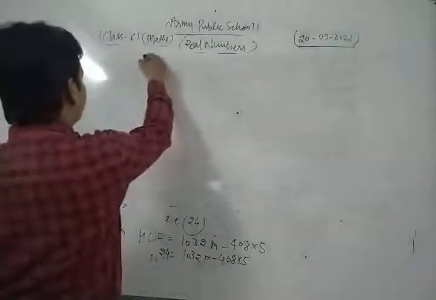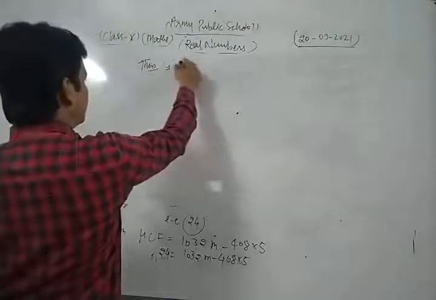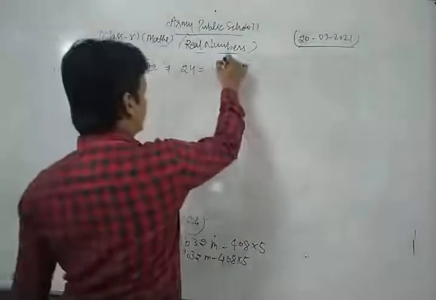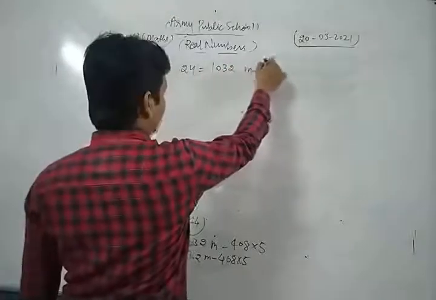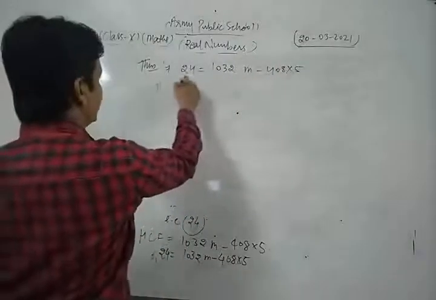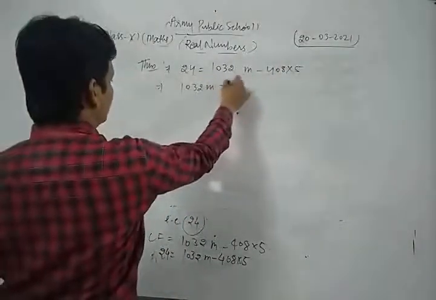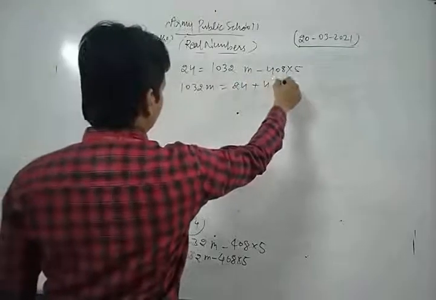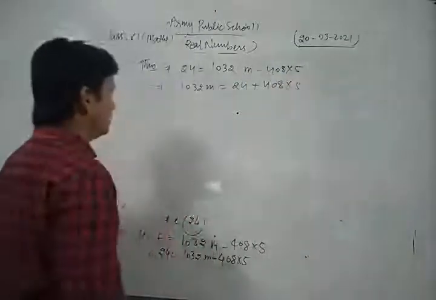Thus, 24 is equal to 1032 m minus 408 into 5. Now 1032 m is equal to 24 plus 408 into 5.